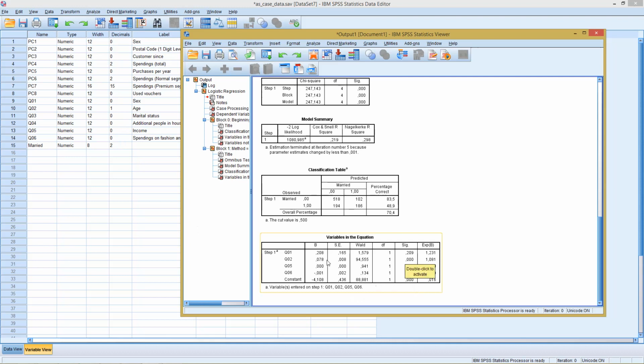The only thing which actually helps us, in a positive fashion, is the age. So the older someone is, the higher the chance that they are married. We see here Q1, gender, doesn't have an impact, Q05, income, doesn't have an impact, and Q06, how much one spends on fashion and clothing, obviously also does not have a significant impact.